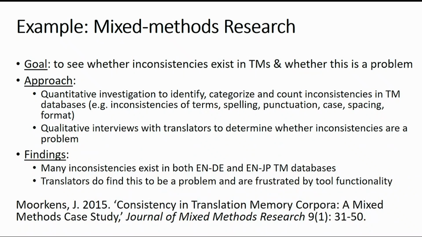Because one of the promotional talking points about translation memories is that one of their benefits is that they promote consistency. So the first part of this study was to look and see, are there inconsistencies in the translation memory database, and what types of inconsistencies, so categorizing them, counting them.